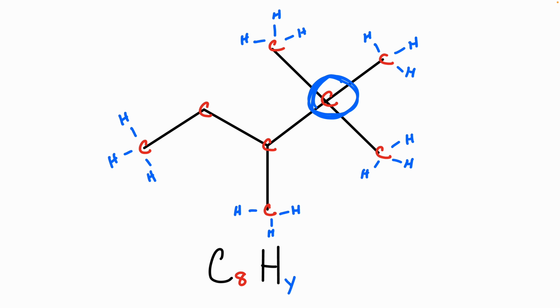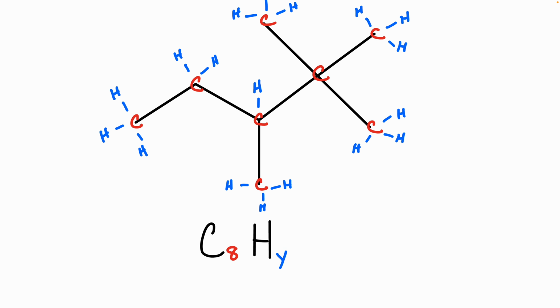How many hydrogens? None. It's already got its 4 bonds. What about this one? Now we need 1. And what about this one? 2. Cool. So if we make everybody happy, we get C8H18.